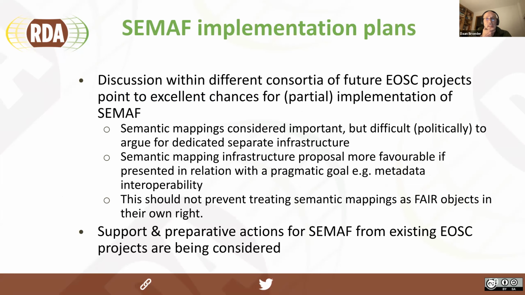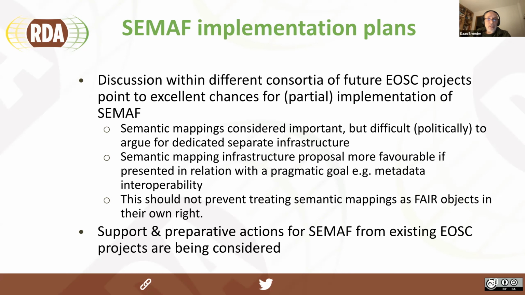So discussion within different consortia, or proto-consortia I should say, of future EOSC projects tells us that we have excellent chances, at least for a partial implementation of SEMAF. And we saw that although semantic mappings are considered important, it is not feasible to have a separate project on furthering only a dedicated mapping infrastructure.